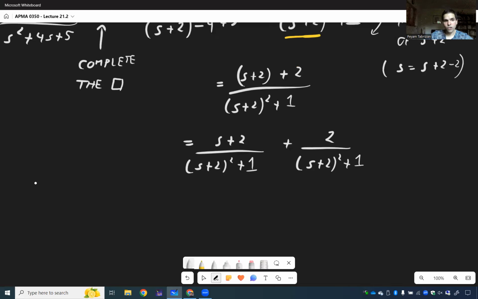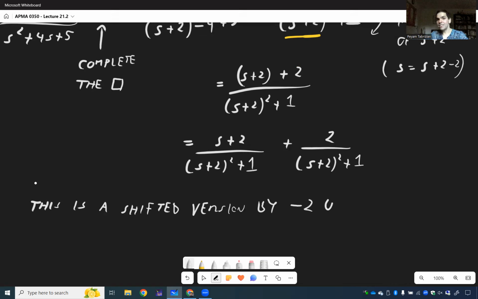So now, what is this? So you see a shift going on. So this is a shifted version. By how many units? So not 2, but minus 2 units. Because remember, s plus 2 is s minus minus 2.